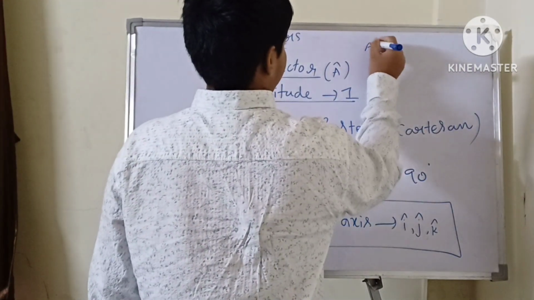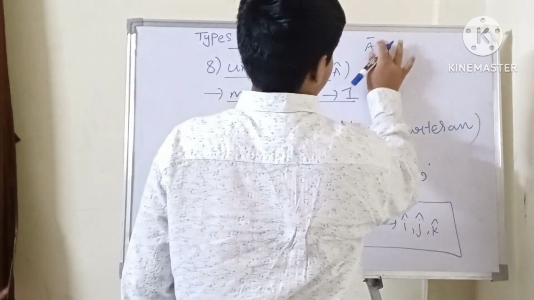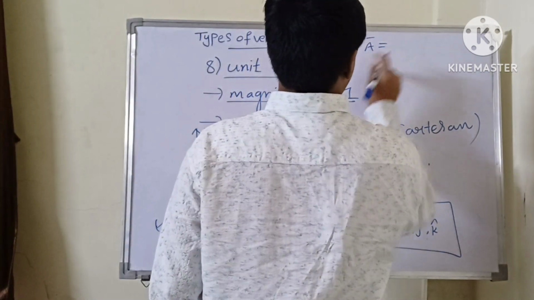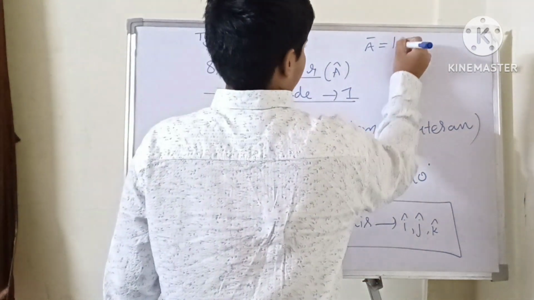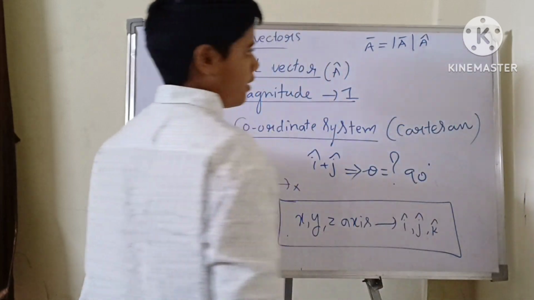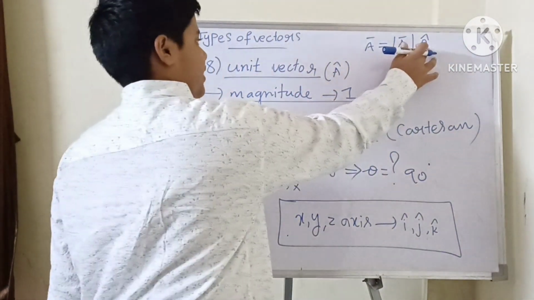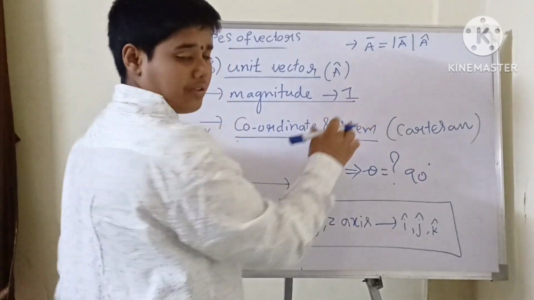I am taking a bar as a vector, and I have to find a bar in terms of unit vector: mod a bar into a cap, because a cap means magnitude 1.